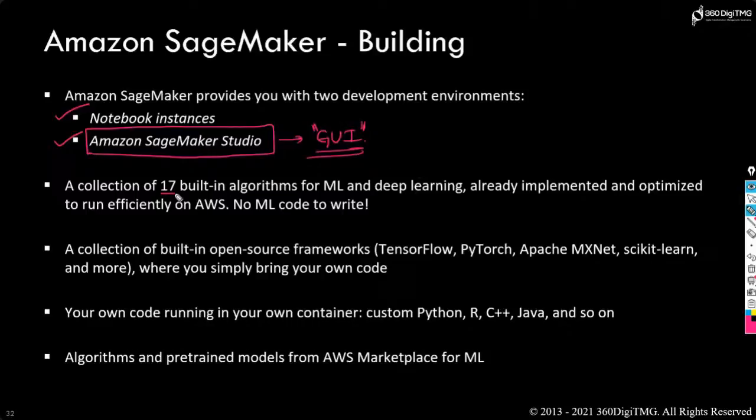SageMaker has 17 built-in algorithms like linear regression, extreme gradient boosting, and so on, also for deep learning purposes, which are already implemented. And when you look at the way these machine learning algorithms are written, it is in the most effective manner possible. Because Amazon usually hires people with very high intelligence, right?